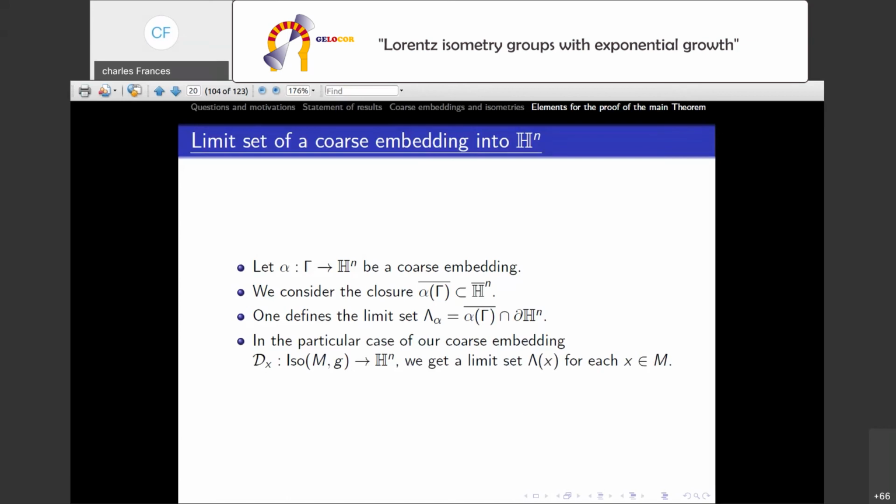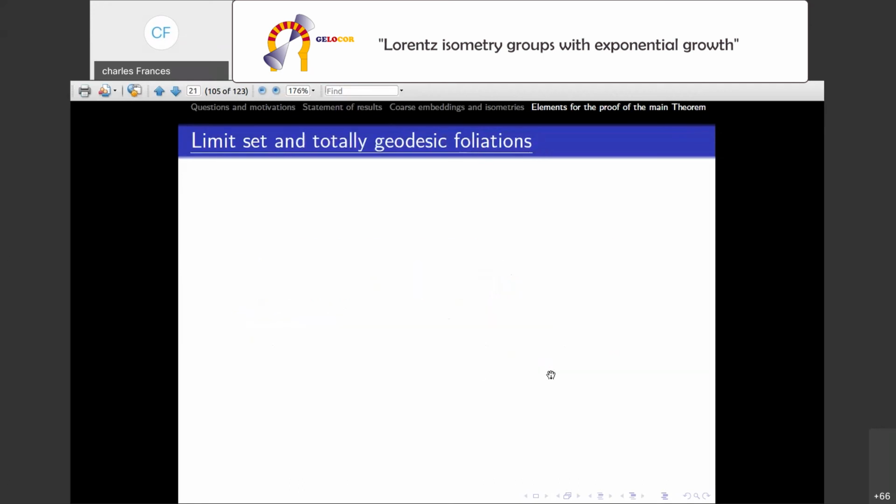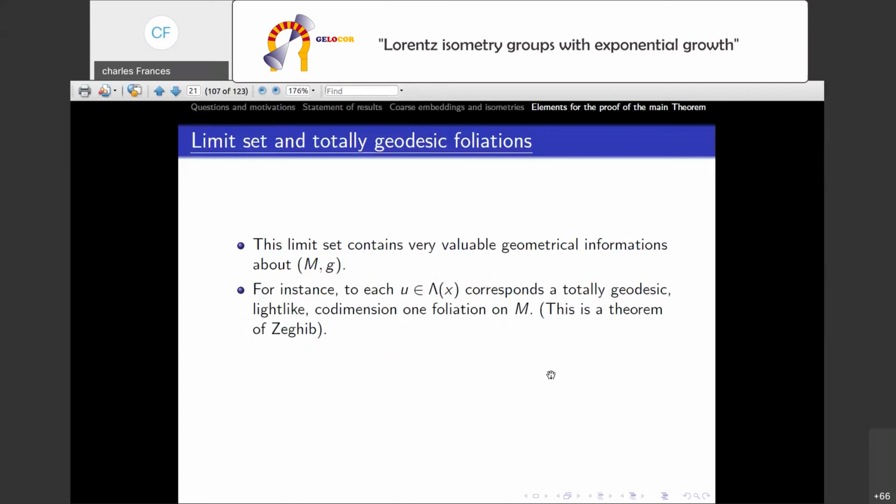In the particular case of the coarse embedding given by the derivative cocycle, we get a limit set at each point of the manifold, and we will denote this particular limit set lambda of x. And the point is that the limit set contains very important geometrical information about the manifold. For instance, each u in the limit set at x corresponds to a totally geodesic-like codimension 1 foliation on your manifold.